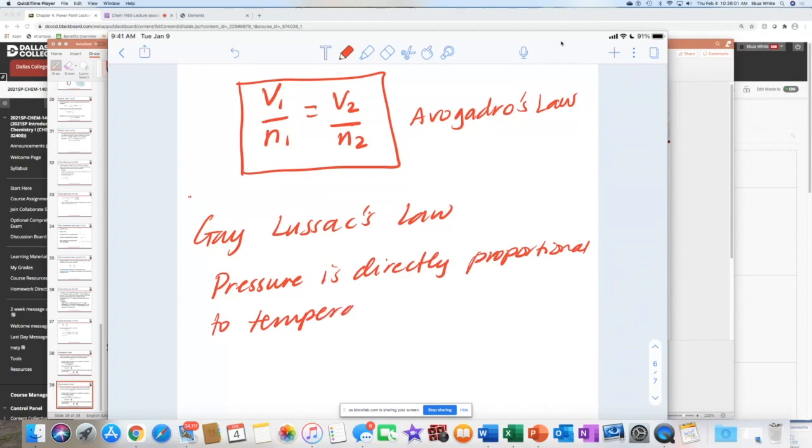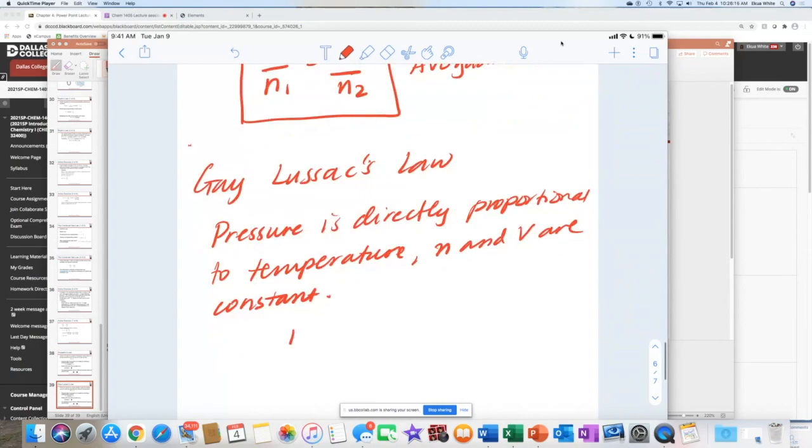The other two have to be constant. I'm using P and T, which means N and V were left out, so number of moles and volume are constant.